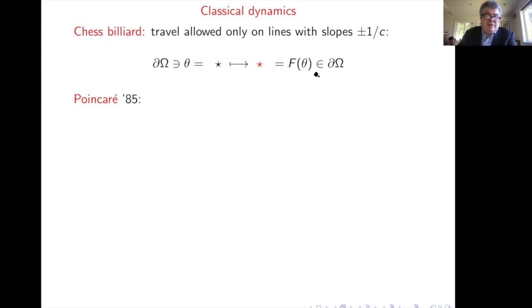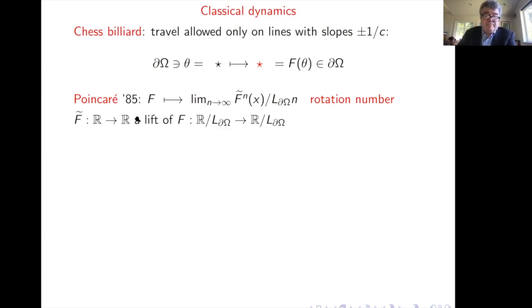And Poincaré in 1885 associated to such homeomorphisms the rotation number. So rotation number is obtained by taking a lift of f, a map from the circle to the circle, which is an orientation preserving homeomorphism, to an increasing function on the line, f tilde.